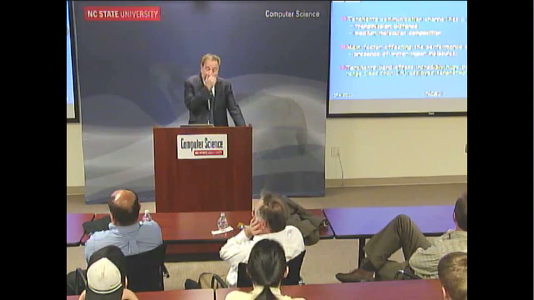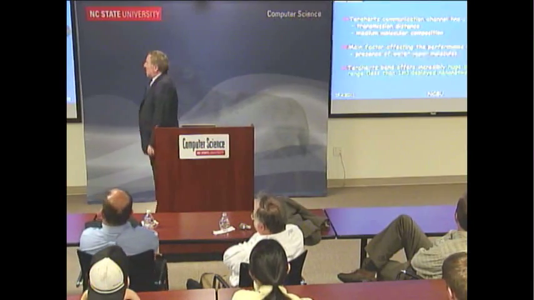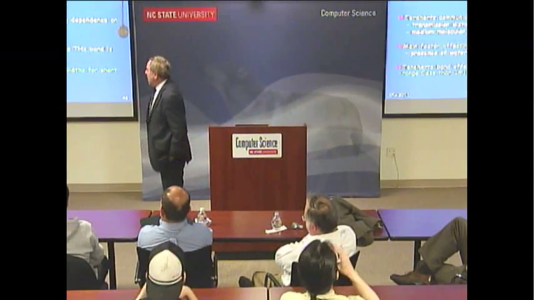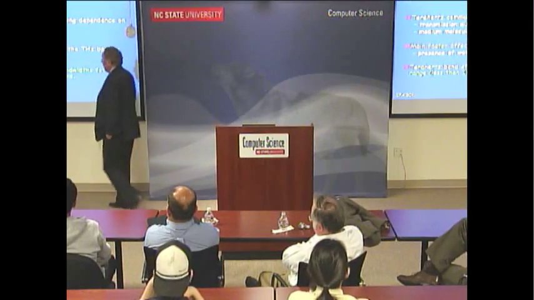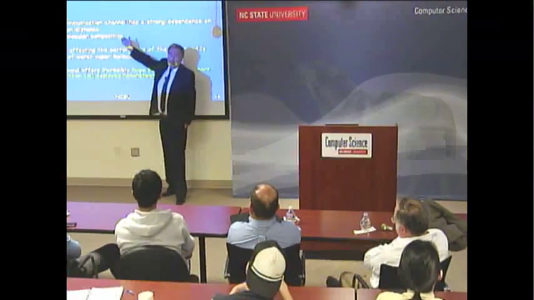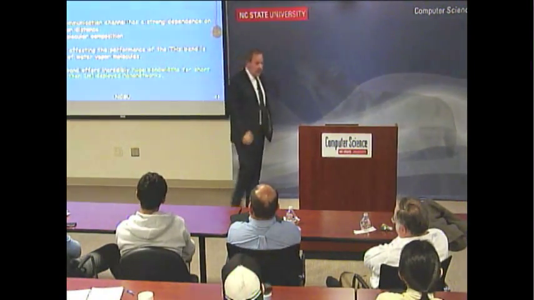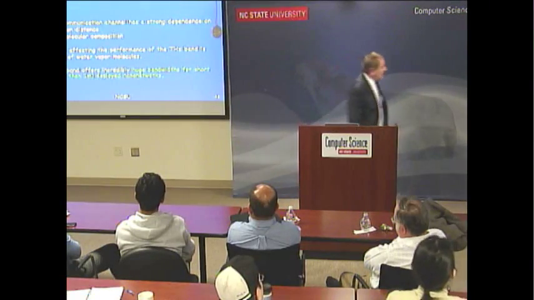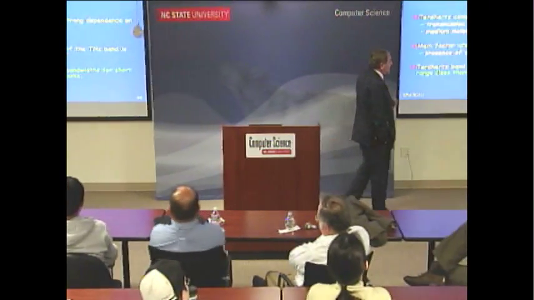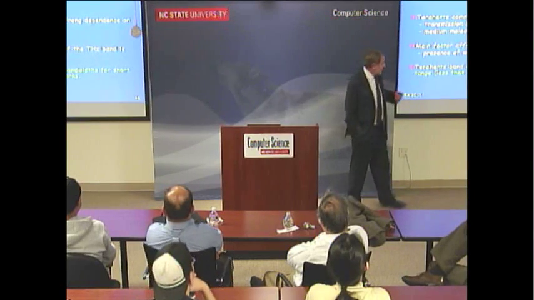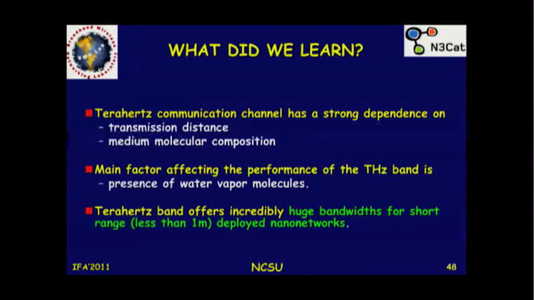So what did we learn out of this study so far? A terahertz channel has a strong dependency on the transmission distance as well as the molecular composition in the air, in the channel. The worst enemy of the signal traveling is the so-called water vapor molecules. When you go too far away, the signals do not propagate because these water vapor molecules affect the signal propagation. Then we have these path losses.